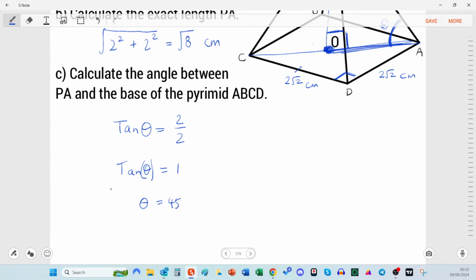And again, if you want to double check that in a calculator, you would rearrange that equation by applying tan to the minus 1 to both sides. These effectively cancel out and you're left with theta. And you need to put this in a calculator, tan minus 1 of 1. And you will find that same result that we just got. Theta equals 45 degrees.